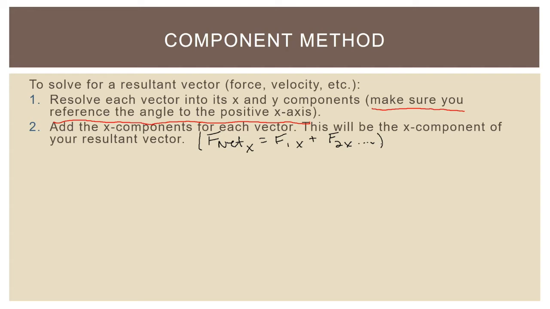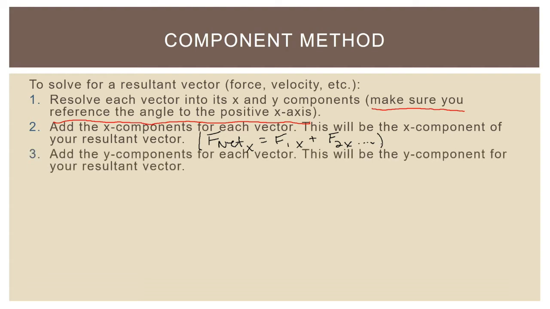Very similarly, to find the y component of the resultant, you add the y components for each vector. This will be the y component of your resultant vector. And so in the same style here, we can write F net y equals F1y plus F2y. And now it's important to realize that what we're doing actually makes a lot of sense. And I hope you see where this is going. We're going to have a bunch of different vectors.